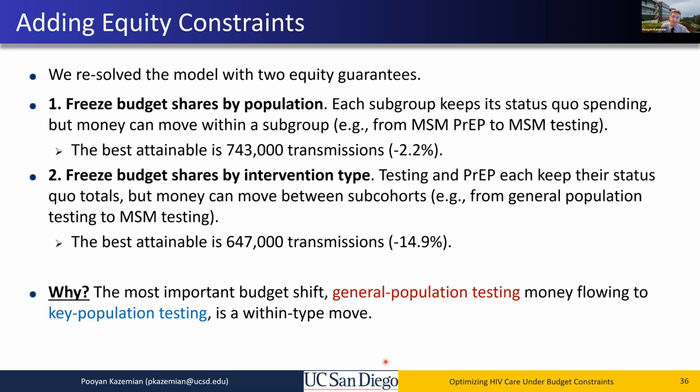And therefore, if we are okay with keeping the same money within the same type of interventions and just moving the money between sub-cohorts, that is a better equity constraint to include, and that still results in 15% reduction in the total transmissions in South Africa using the same money, no new money, right?